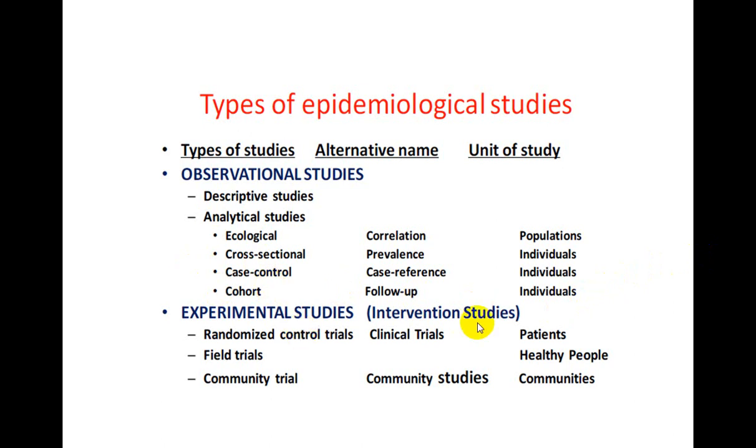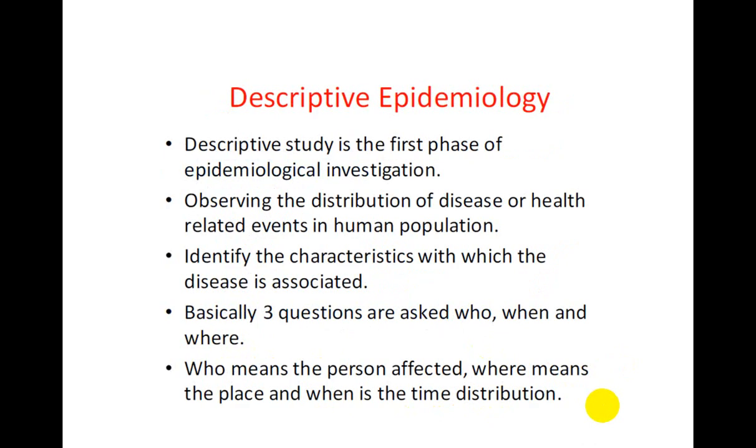Experimental studies or interventional studies. Randomized controlled trial, alternative name clinical trial, unit of study is patients. Field trials, unit of study is healthy people. Community trial, alternative name community studies, and the unit of study is the communities.